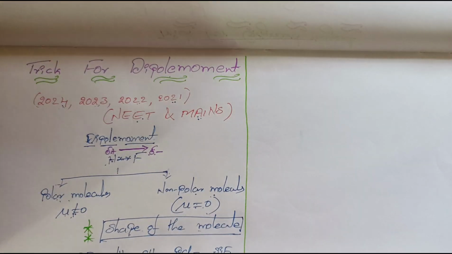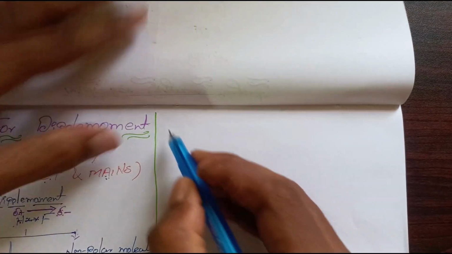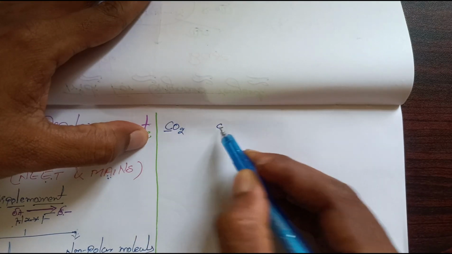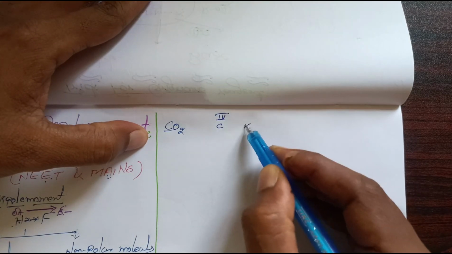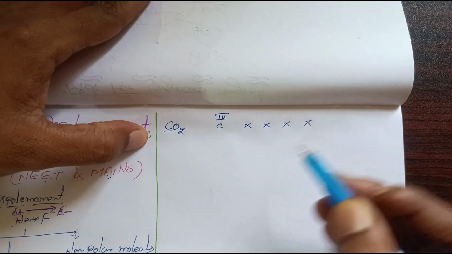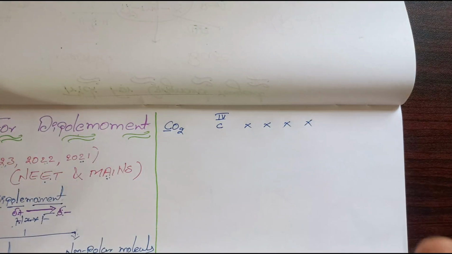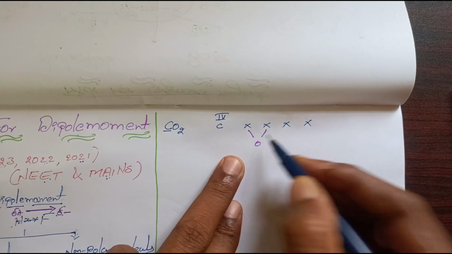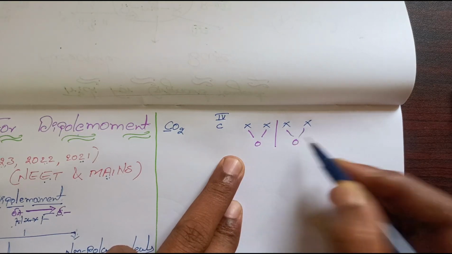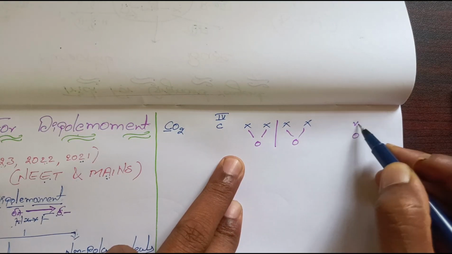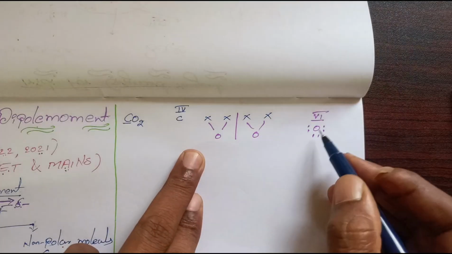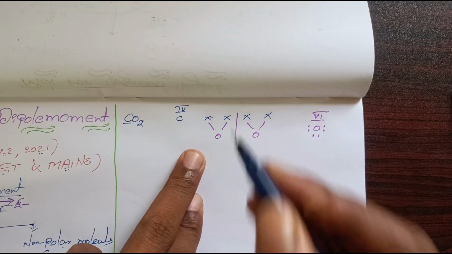CO2 molecule, carbon dioxide. What is the central atom? Carbon, group number 4, valence electrons 4: 1, 2, 3, 4. Generally in the bonding, how many electrons does carbon take and how many does oxygen take? 2 electrons. In the valence shell of oxygen, 6 electrons are present. For developing an octet, 2 electrons are needed.